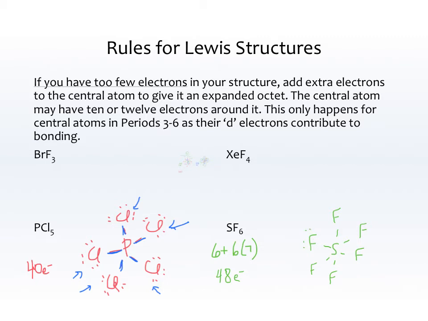Make sure you leave enough room for all your dots. You are not allowed to skip the dots, even though it's annoying to have to draw this many little dots. Make sure you include them. So, counting up our electrons, we have 8, 16, 24, 32, 40, 48, and 48. Check! That's a beautiful structure of SF6.